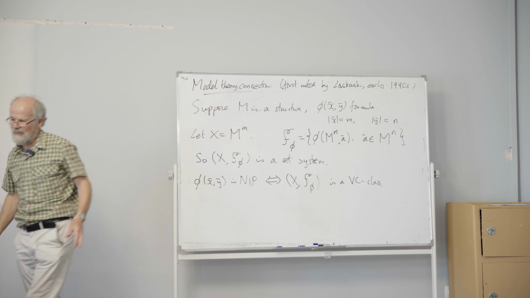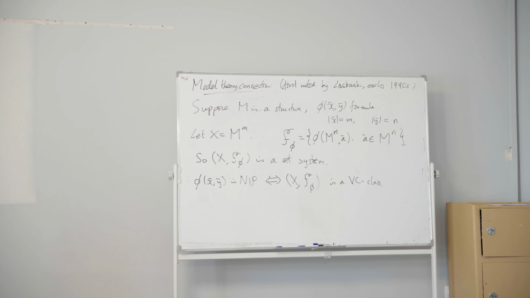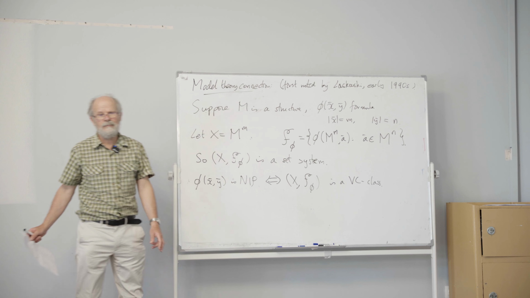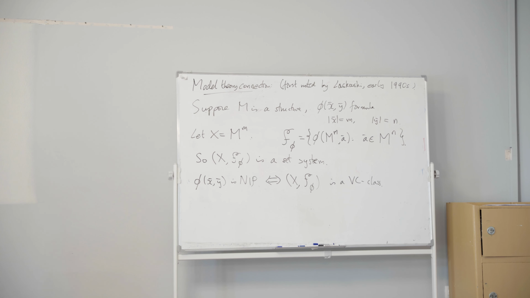But I won't worry about that. So this is immediate. This is just by definition of NIP. Of course, usually we talk about NIP theories where all formulas are NIP. But it makes sense to talk about a single formula being NIP. A theory is NIP just means that all formulas are NIP.